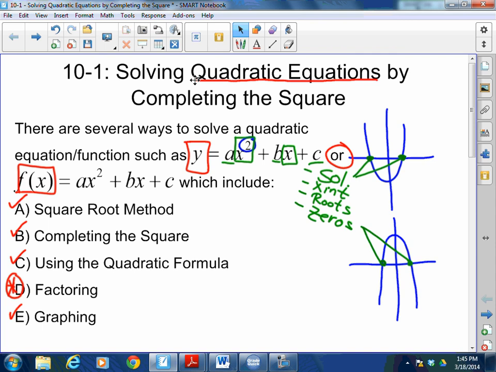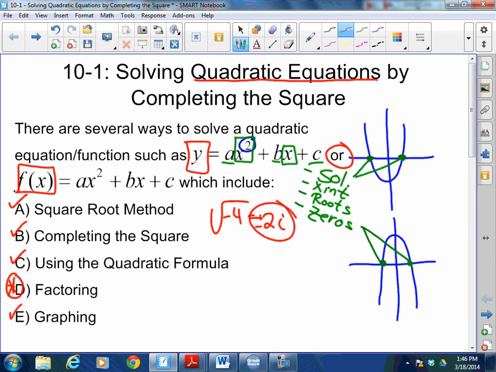Before, you would have been introduced to these as real zeros. Well, we have real zeros, and we can also have complex zeros. Because now we learned that if I have an answer that's the square root of -4, that's plus or minus 2i. We know about complex numbers now. Does this make sense so far?